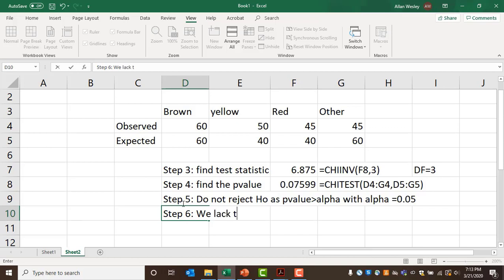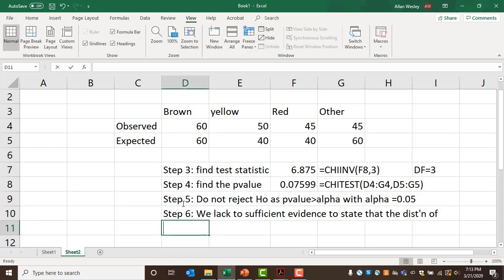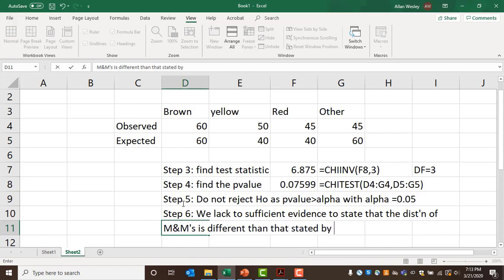We lack sufficient evidence to state that the distribution of M&Ms is different than that stated by Mars. It's a little clunky because you want to avoid, as best you can, anything that implies that you're accepting H0. And there you go. We're done.